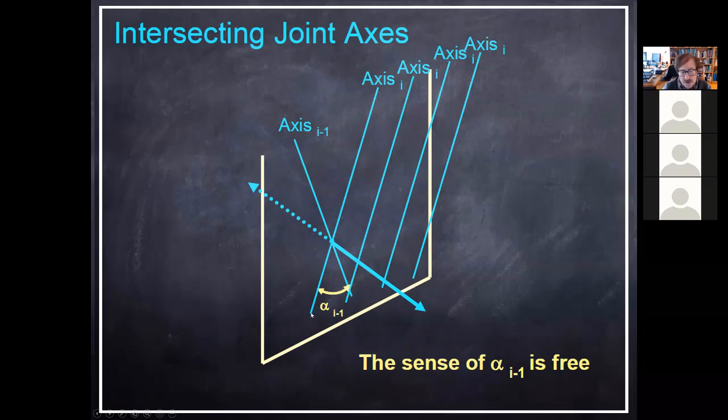This also determines the sign of the twist angle, because you always use the right hand rule. So if you are going to follow this arrow, your thumb should be aligned with this direction, and your right hand fingers should be closed from axis i upon i-1. So you are going to measure the angle then in this direction.